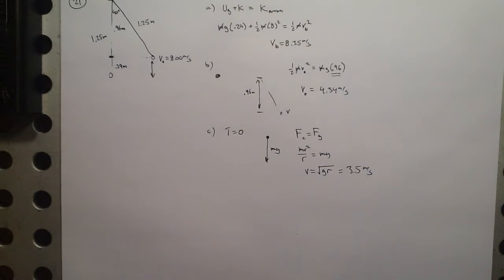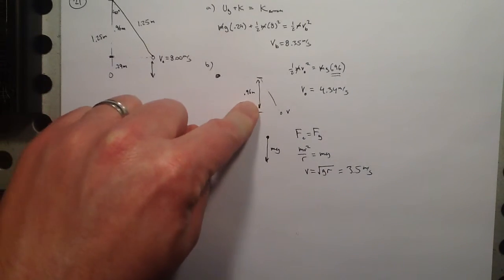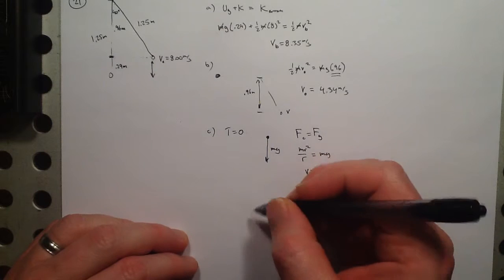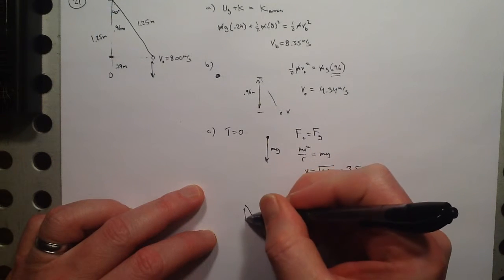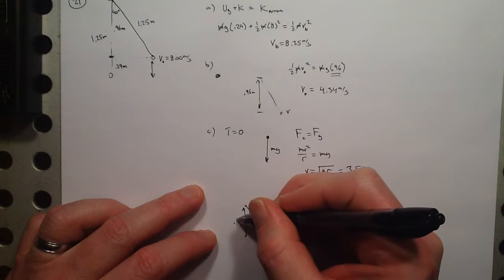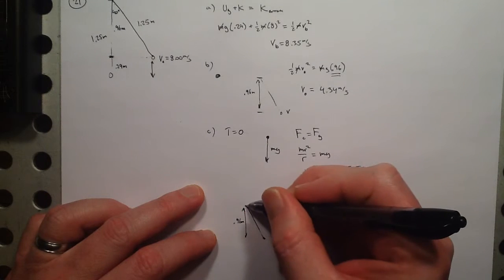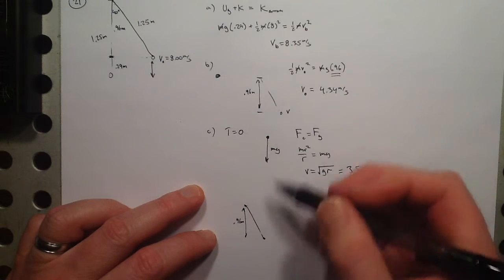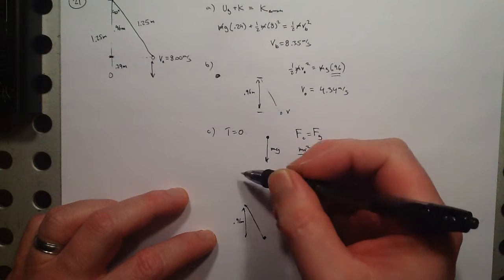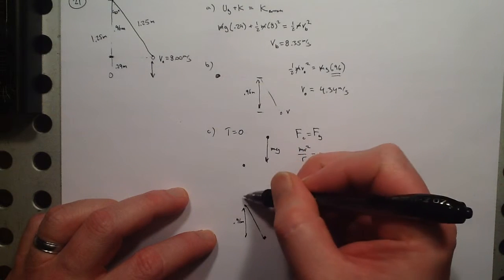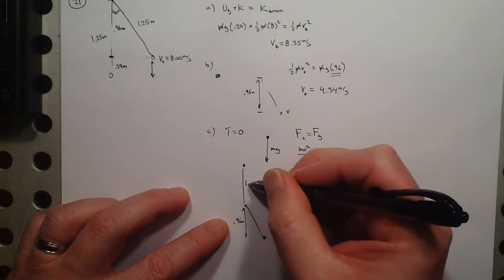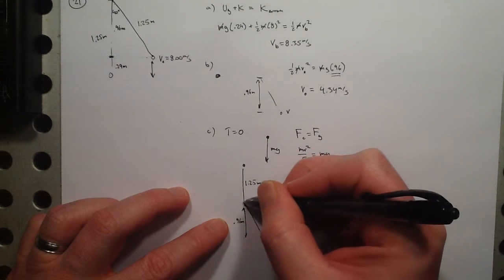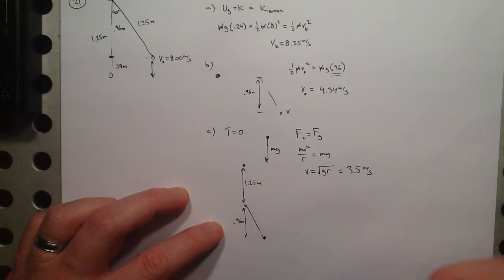So now we just have to do the same problem that we did here, but it's got to get from this position where it's 0.96 meters below the center of the circle, right? That's where it's starting off. And now it's got to make it all the way to the top of the circle, which is 0.96 plus a whole other radius of the circle higher up.